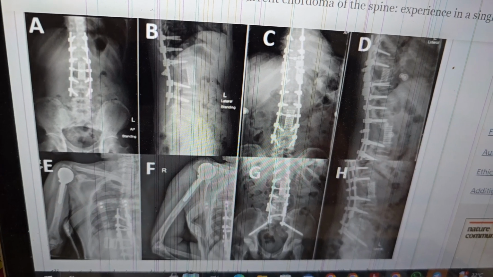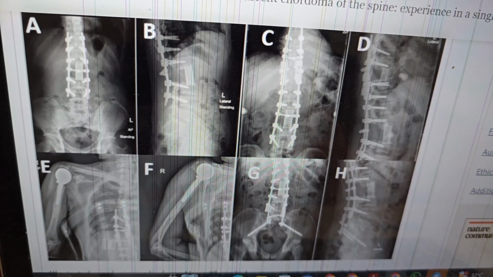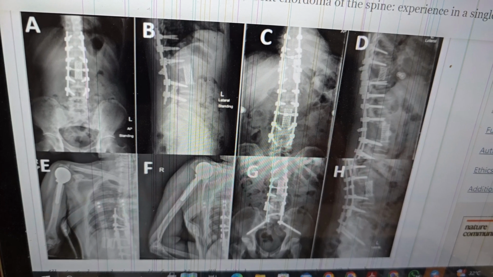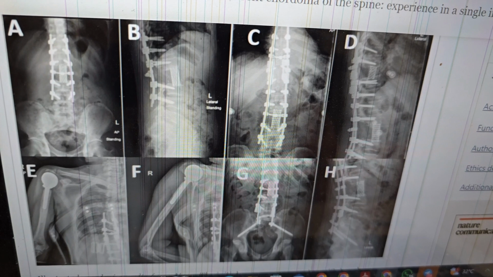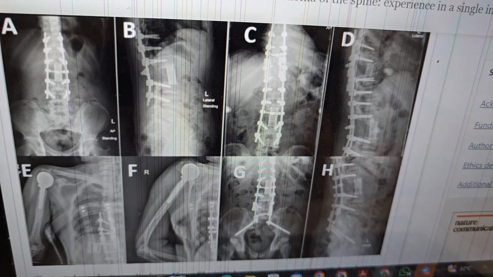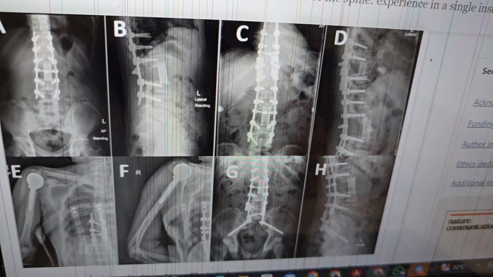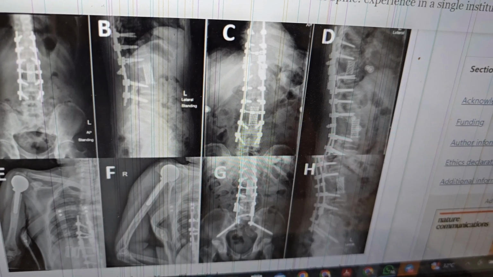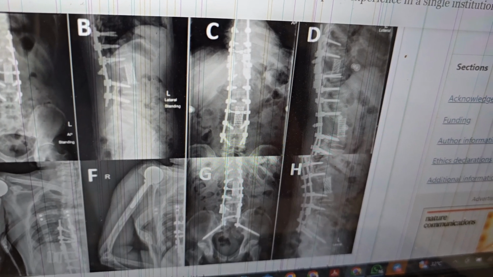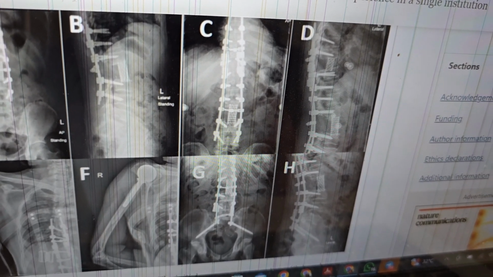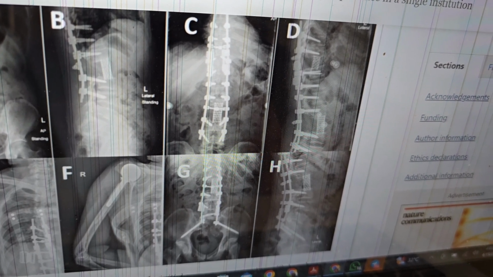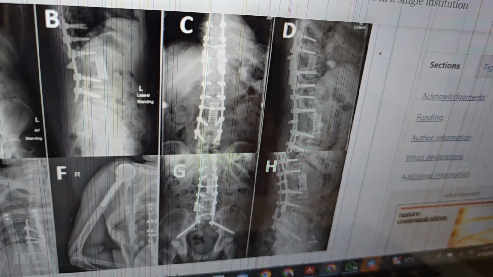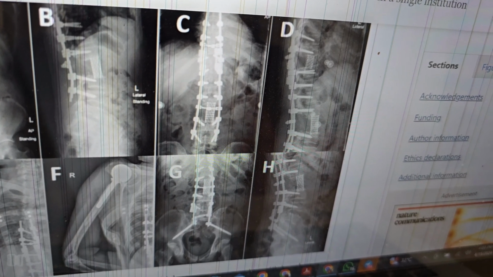and which is showing the cage placed already, and you can see there are 4 screws below and about 6 screws I can see here above, or maybe more. But in the other picture C you can appreciate there are maybe 10 screws above, and then the cage we can see here in picture C, and then the 4 screws below.